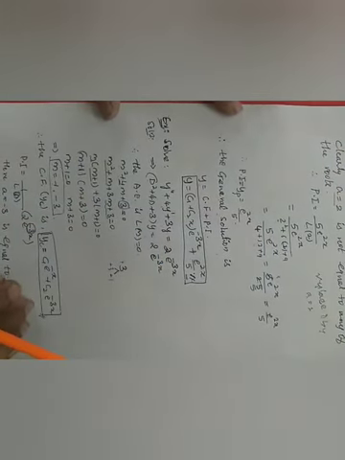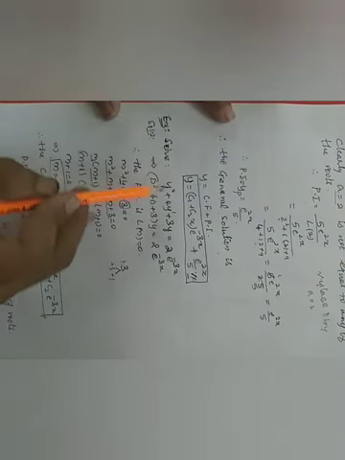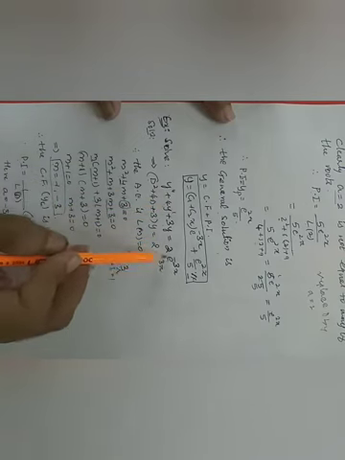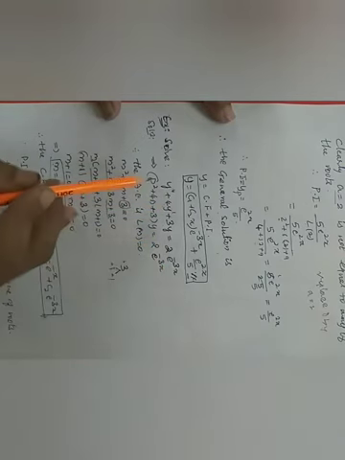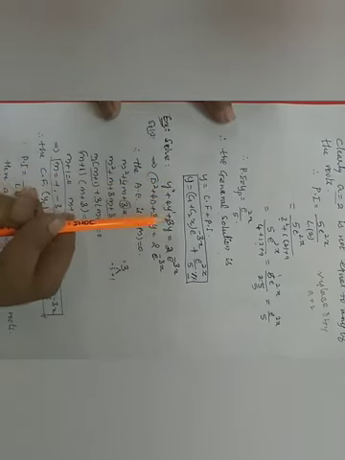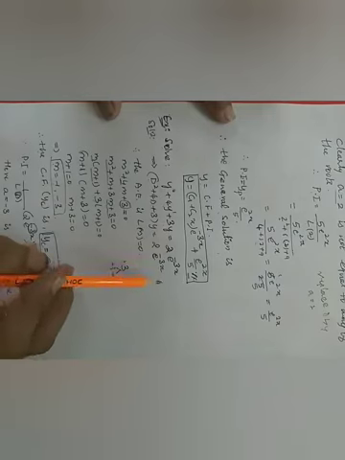Now let us consider another non-homogeneous differential equation: solve y double dash plus 4y dash plus 3y is equal to 2 into e to the power minus 3x, or the same equation can be given as d square y by dx square plus 4 into dy by dx plus 3y is equal to 2 into e to the power minus 3x, both are one and the same.